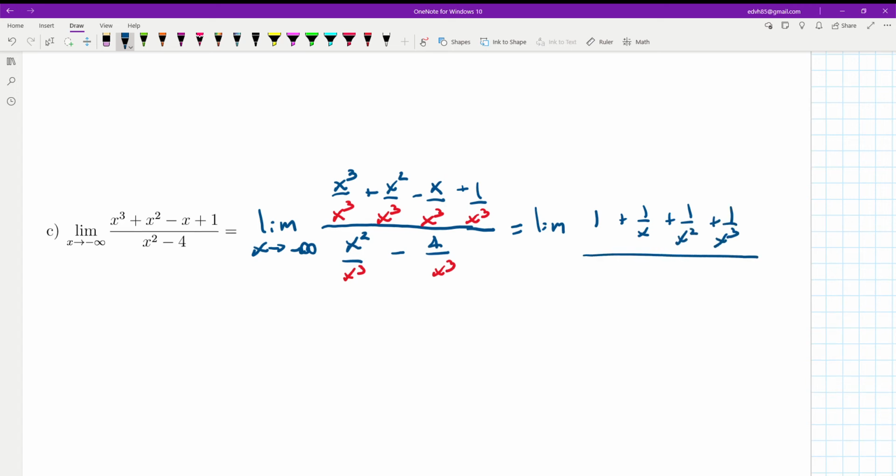Whole thing divided by x squared over x cubed, which is 1 over x minus 4 over x cubed, as x approaches negative infinity. So in this case, well, this will be 0, 0, 0, 0, and 0.